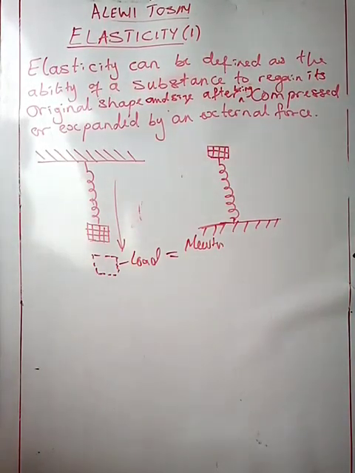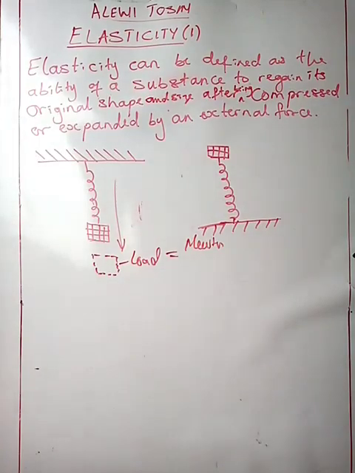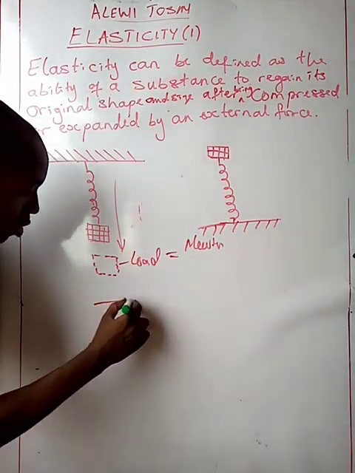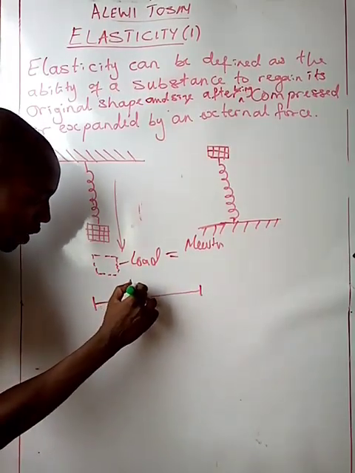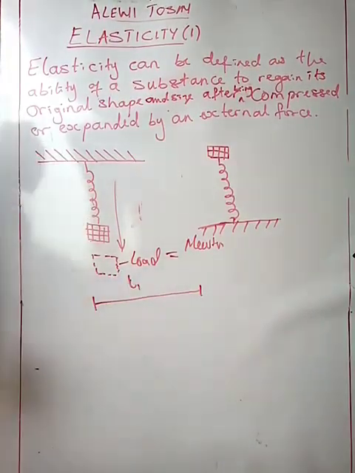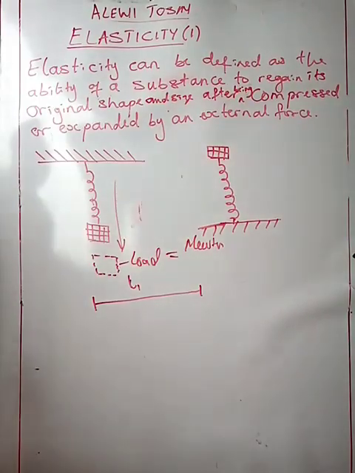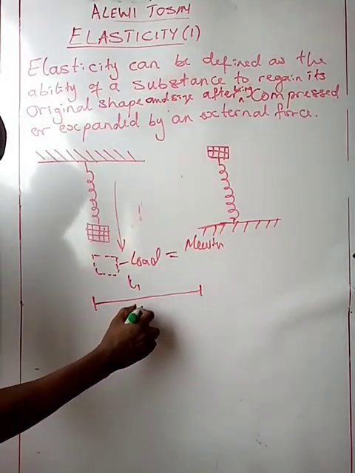Now, before we proceed, there are some things I want to make known to us, because these will help us by the time we get to the level of calculation. If you have a rubber of length, let me call this length L1, the original length, and this length is 10 centimeter.